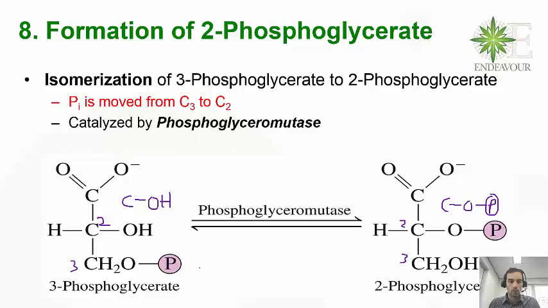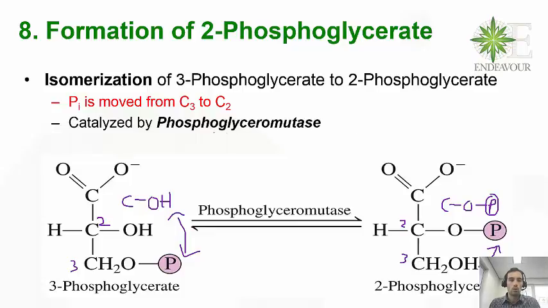So carbons 2 and 3 have basically just swapped what they have attached. When we're 3-phosphoglycerate, the phosphate is attached to carbon 3, but when we've changed this to 2-phosphoglycerate, we've moved the phosphate onto carbon 2.